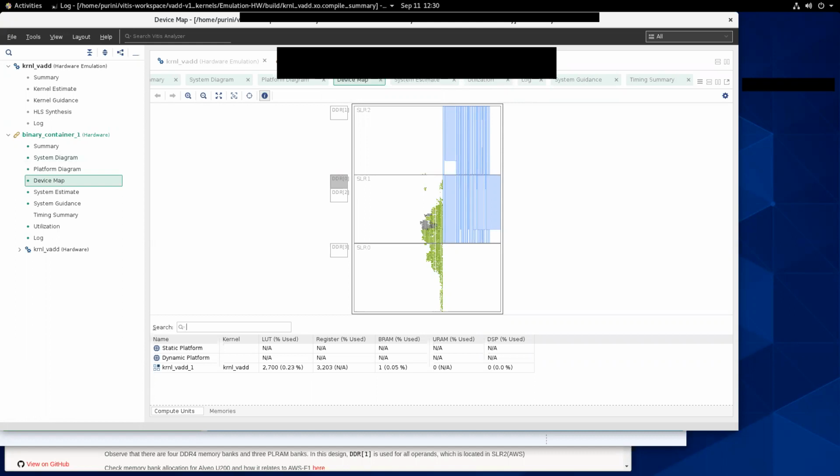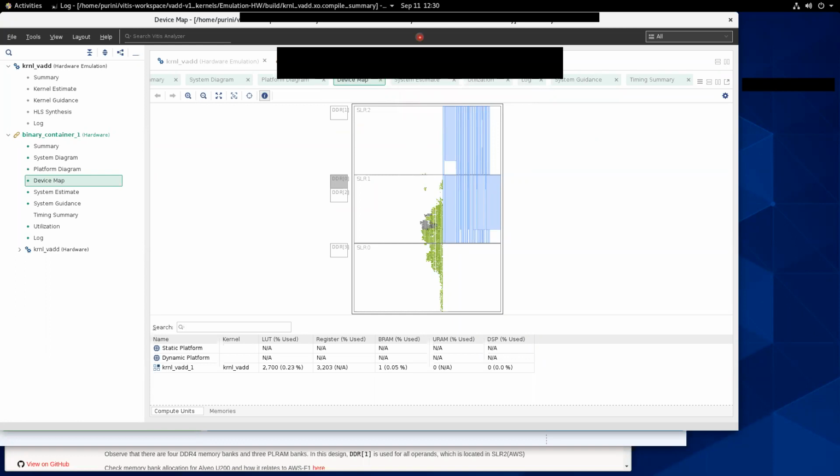There are memory controllers, and I believe it is configurable. You could select a platform where you don't need to use the fourth memory controller, so you can use only three. That takes up some area on the chip.